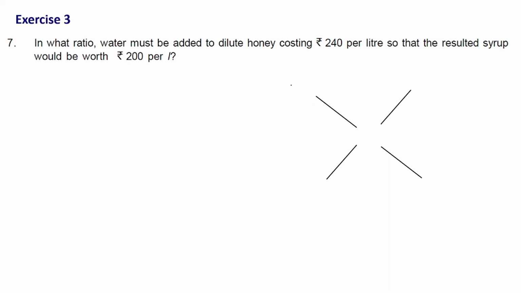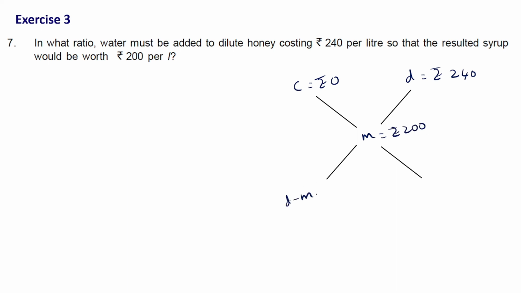So here water is the cheaper ingredient because it comes at 0 cost. So this is 0 rupees, and here we have honey costing rupees 240 per liter. So we need to add these two in certain proportion so that the resulting syrup is worth rupees 200 per liter. So M is equal to rupees 200.